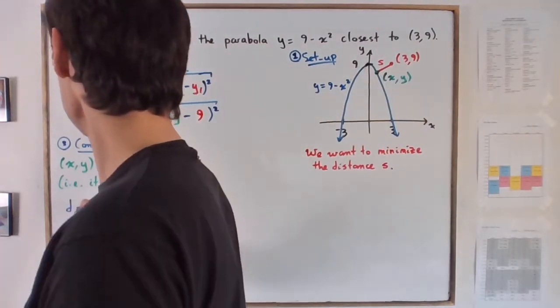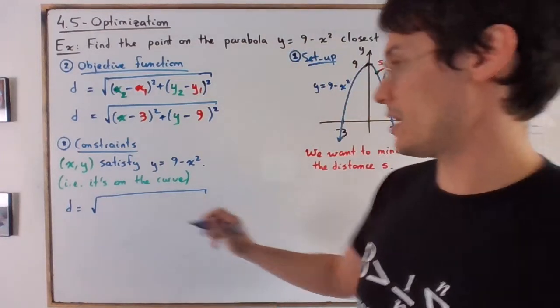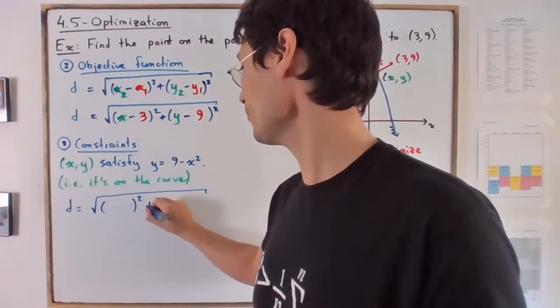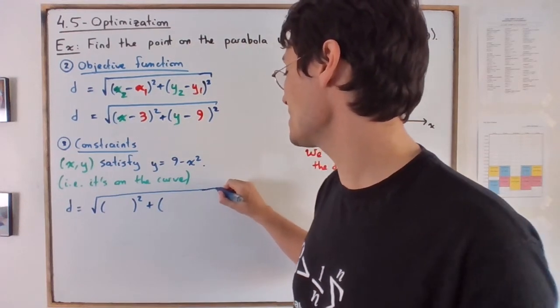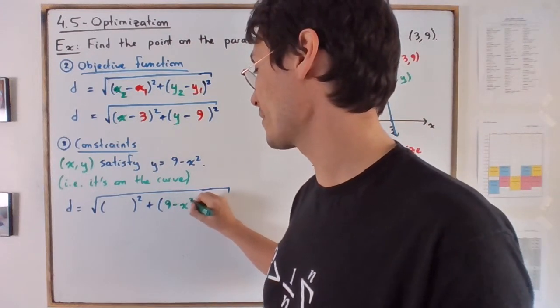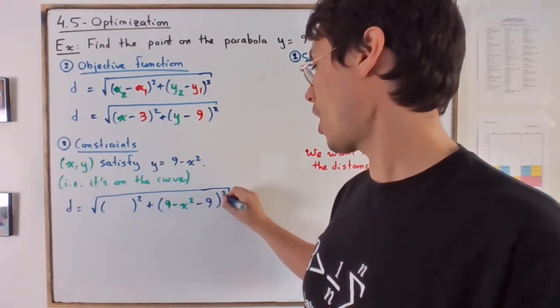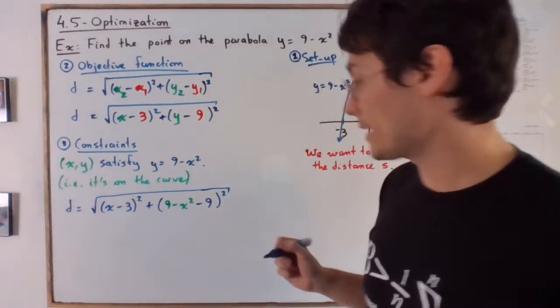We have d equal to the square root of (x minus 3) squared plus, now we're going to replace this y by 9 minus x squared, and then obviously minus the 9, all of it squared. The rest stays as is.